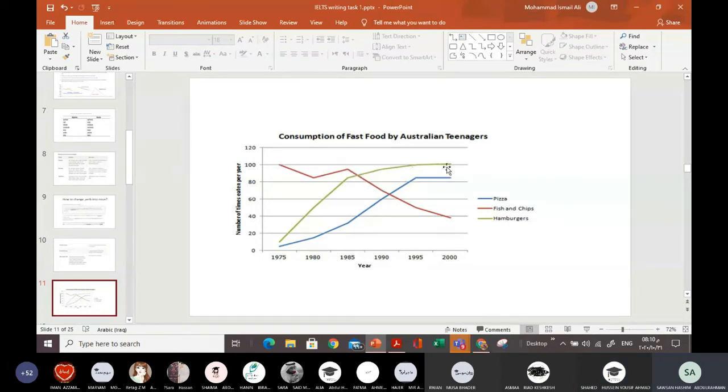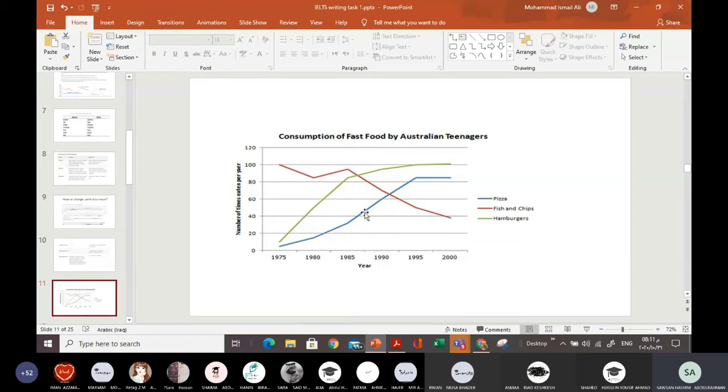In writing, you are going to write the trends: the red trend is blah, blah, blah. The green trend is blah, blah, blah. The blue trend is blah, blah, blah. These are lines.